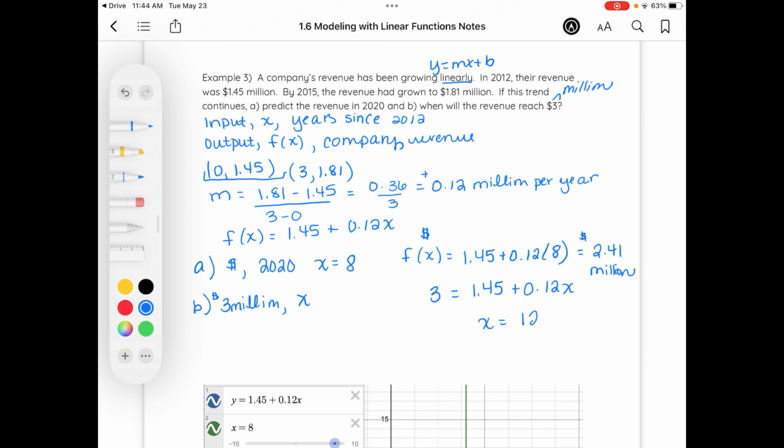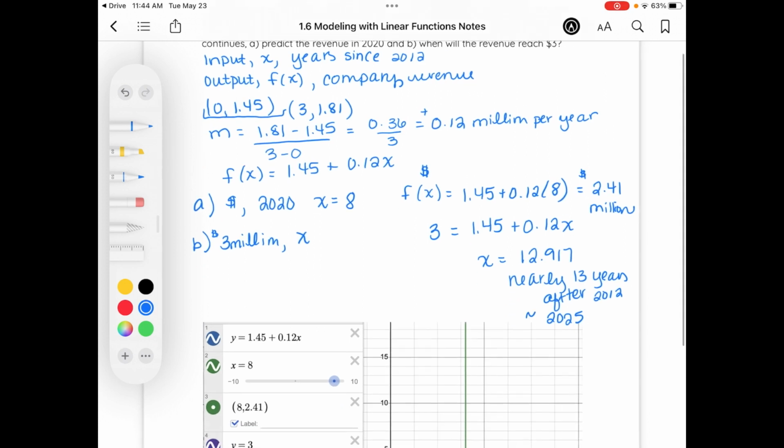X is approximately 12.917. So nearly 13 years after 2012, that would give us then approximately just before the year 2025.